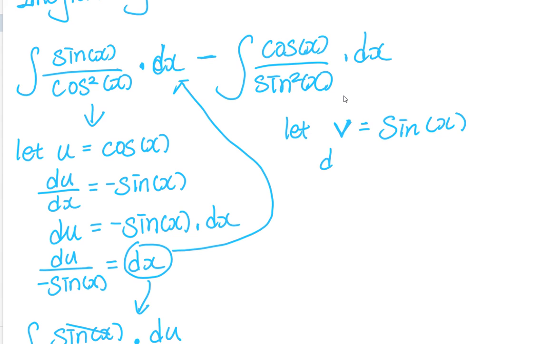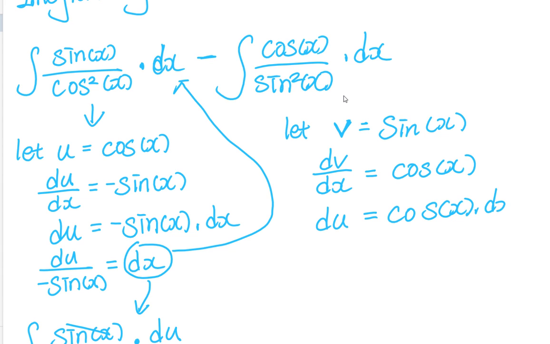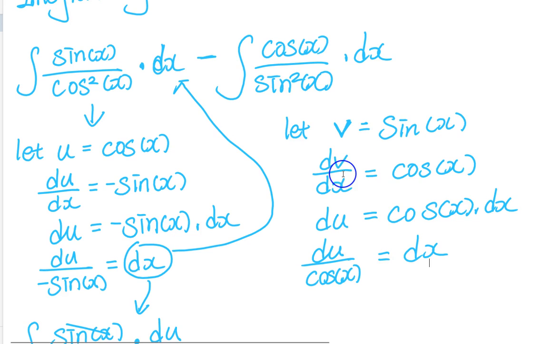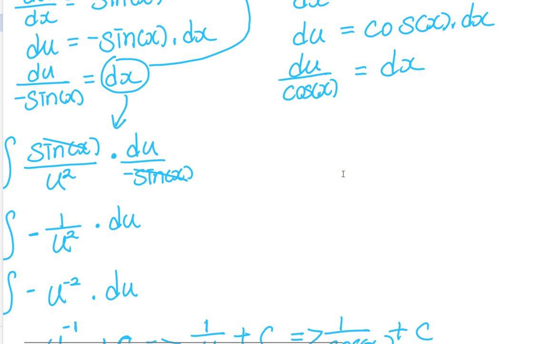Same process: we differentiate v with respect to x, which gives us cosine x. Then we bring the dx to the other side by multiplying, and we move the cosine to the other side by dividing, which gives us an expression for dx. Then we replace our integral with this expression.